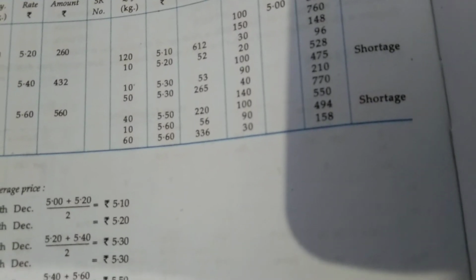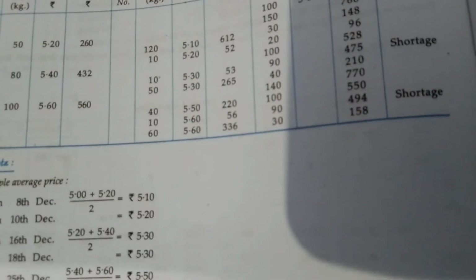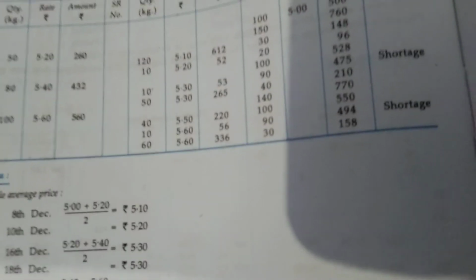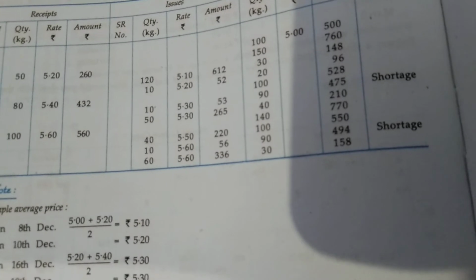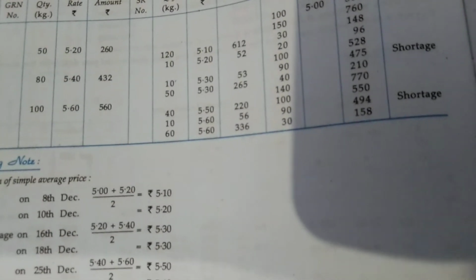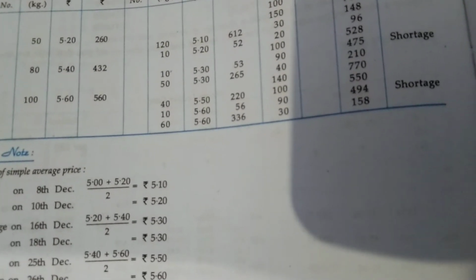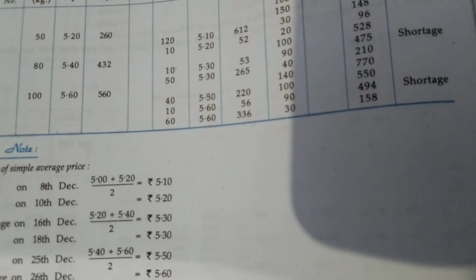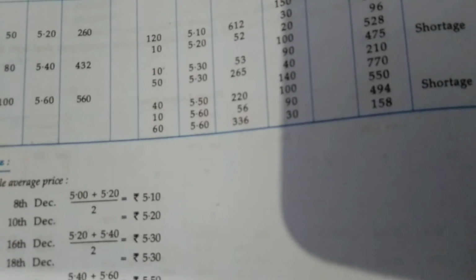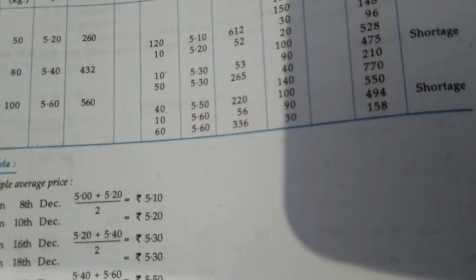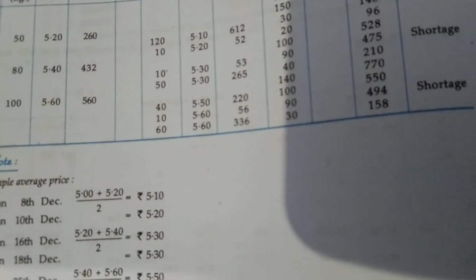Once 120 units have been exhausted, what does it mean? It means that the earlier goods have been exhausted. That's why the later units came into effect. That's why in case of the issue of 10 units, we have not done the average of the price.